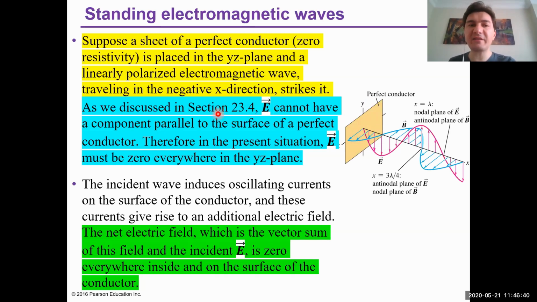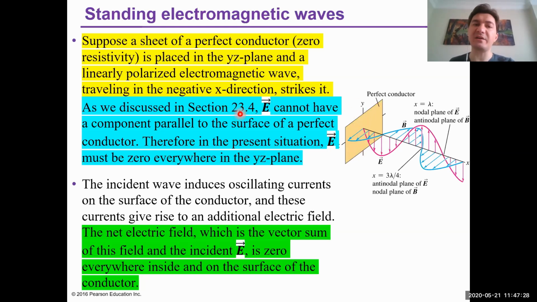We have discussed in chapter 23 that the parallel component of the electric field cannot be present on the surface of conductors. So everywhere on the conductor surface, the electric field will be zero, because look at this electric field, this purple one, let's say: it is parallel to this conductor surface, and the electric field cannot have a parallel component on the conductor surface.